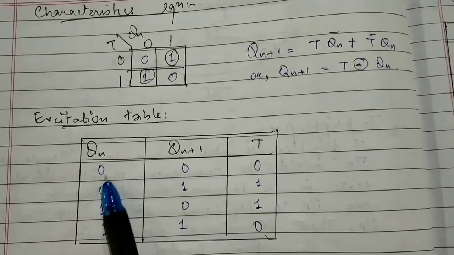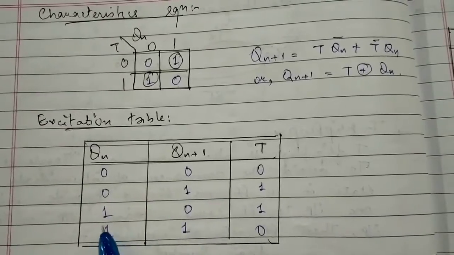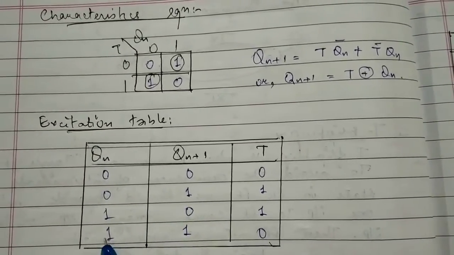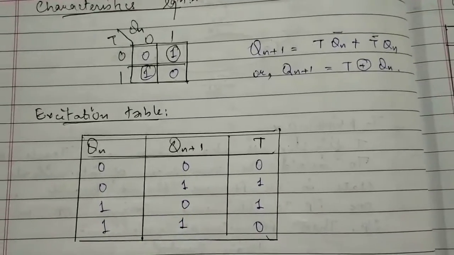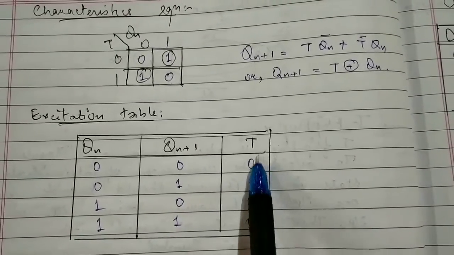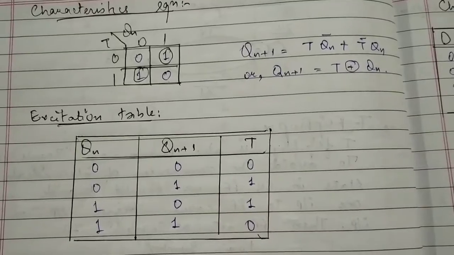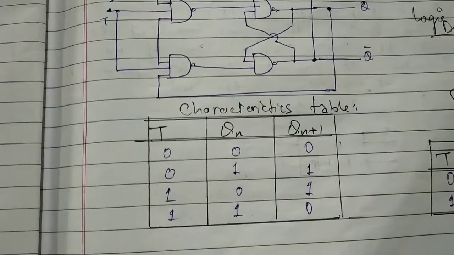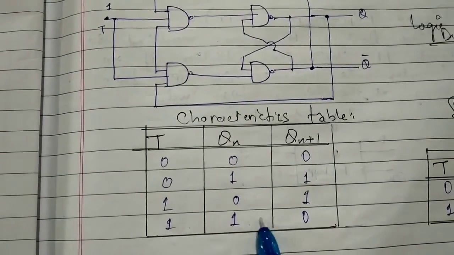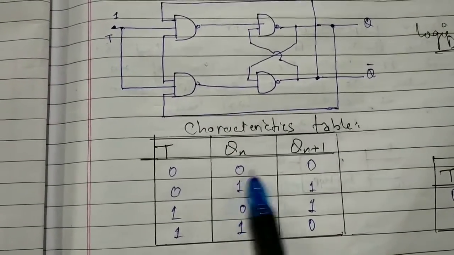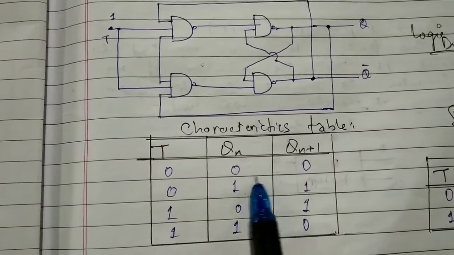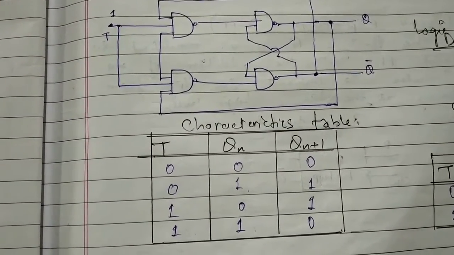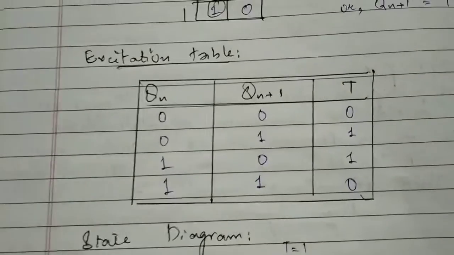We give the 4 combinations 00, 01, 10 and 11, and we check for the corresponding entries in the characteristic table and give the corresponding values of the input T. Here we first see the 00. We look for 00 in the characteristic table. We find 00 is here, and we write 0 in the T section of the excitation table.